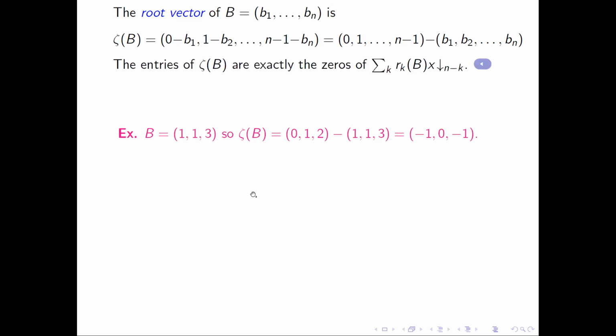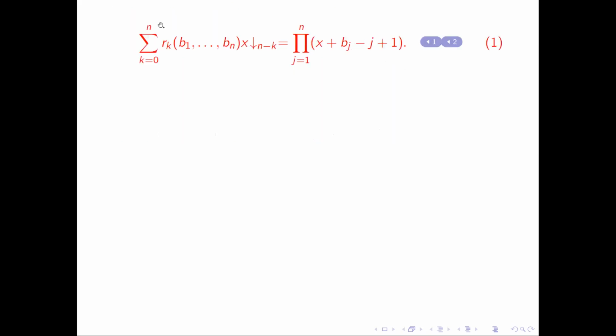Now, my observation here, it's not really rocket science, is that under the theorem of Goldman, Yoshi, and White, the root vector is the vector of the zeros of this thing, because after all, this thing factored completely into linear factors. Let me just go back there real quick. I put a little breadcrumb here for us to go back to the formula. Look, what are the roots of this thing?